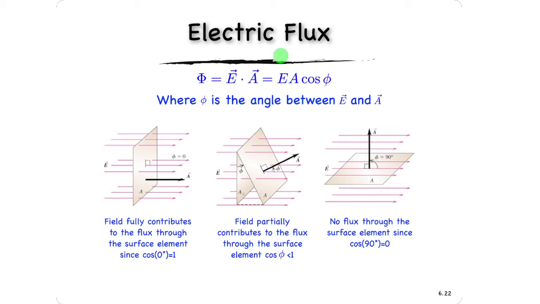So in general, the value of the dot product is E times A times the cosine of the angle between them. It's a little tricky because you might look at this and think the field lines are horizontal, the square is horizontal, so the area between them is 0. But that's not how we define the direction. The direction of the area vector is perpendicular to the surface. And that will give us 0 flux when it's aligned like this on the right.